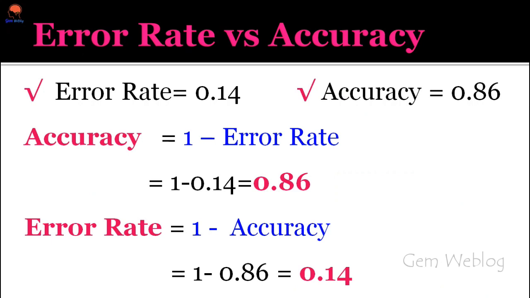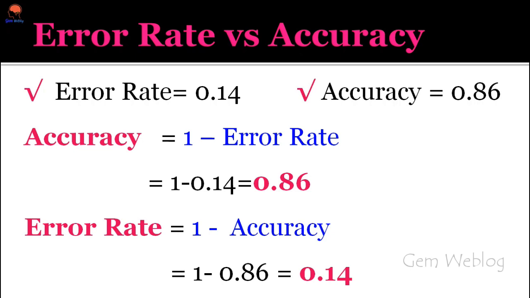Now what is the relation between error rate versus accuracy? The error rate that we have calculated is 0.14 and accuracy is 0.86. These two metrics depend upon each other. The accuracy can be calculated from the error rate and the error rate can be calculated from the accuracy.